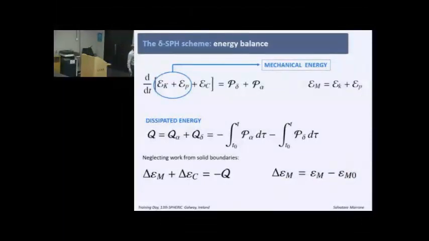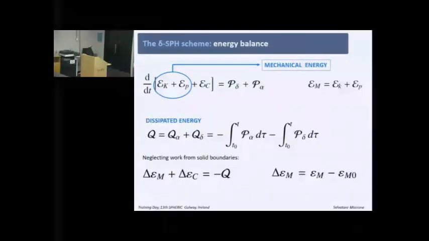If we express our mechanical energy as the sum of kinetic and potential, and we define this Q, this dissipated energy, as the time integration of the power due to the artificial viscosity and the power due to the delta term, the density diffusion, we can write that the variation of our mechanical energy and compressible energy are due to our dissipated energy.